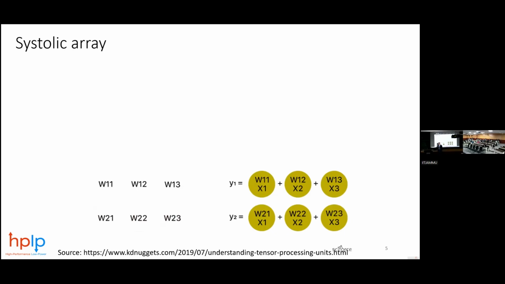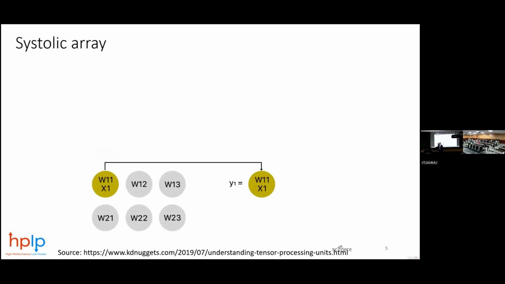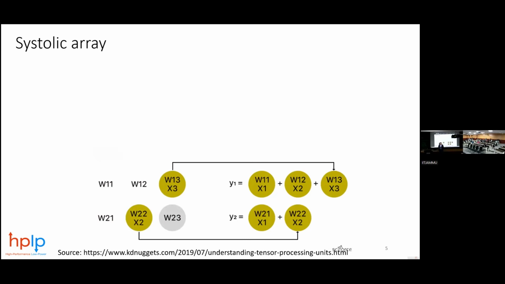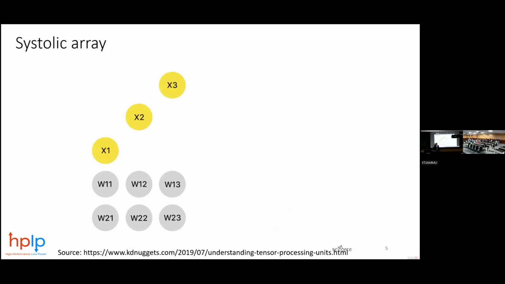And once the data has moved through the array, you have the final results. So any questions? If you haven't seen this before, it's not going to be very easy to digest, but you can try by hand and see how these multiplications actually make sense and fit. Yeah, sure.